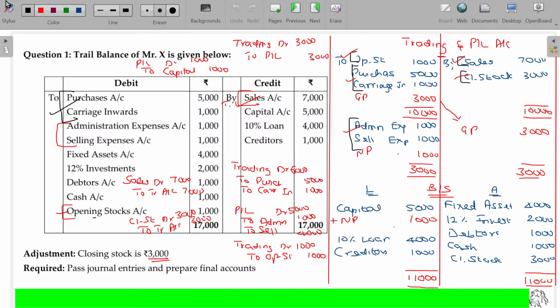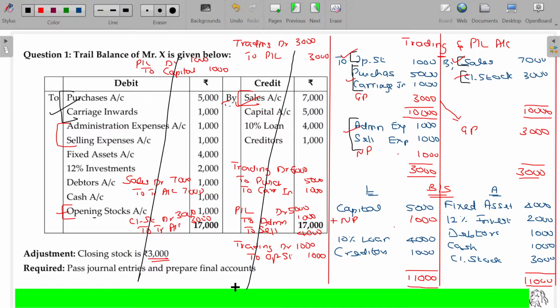Of course, these transfer entries are rare while preparing the advanced level illustrations. But as you are being the professional student, you need to understand logic. What is called transfer entry? Don't memorize. Closing stocks are put that value in the credit side of the trading account and post that in the asset side of the balance sheet. That's how you should not memorize it.